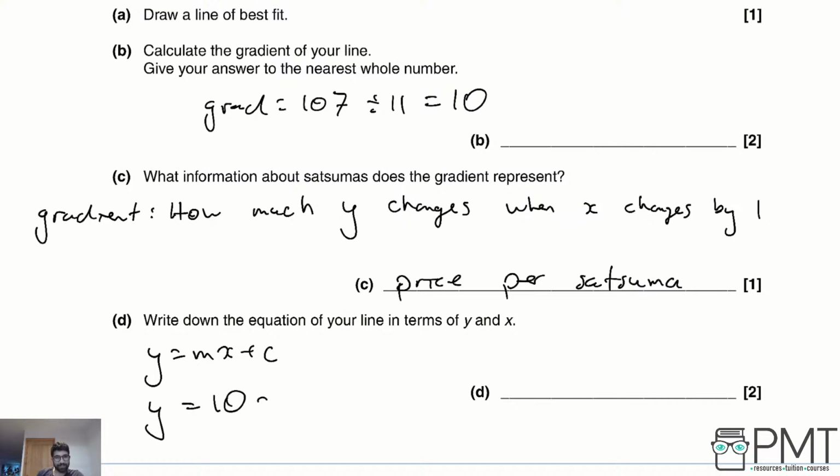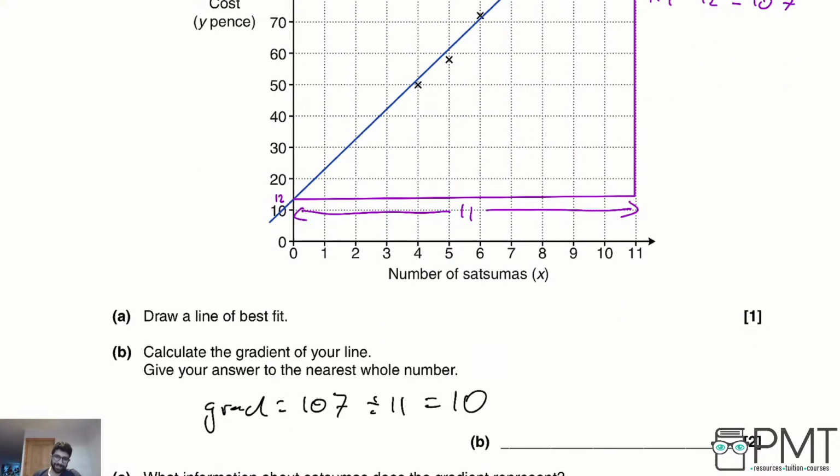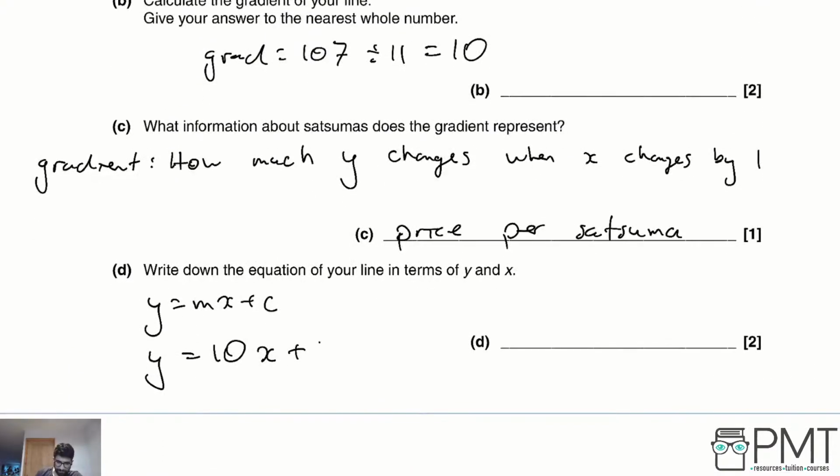I have got 10x plus c. How are we going to get c? If you look at what I drew there, my intercept is 12. So again, this can change. It doesn't have to be 12, but it needs to be whatever value you have got on the y-axis. So 10x plus 12 is my equation for the last one.